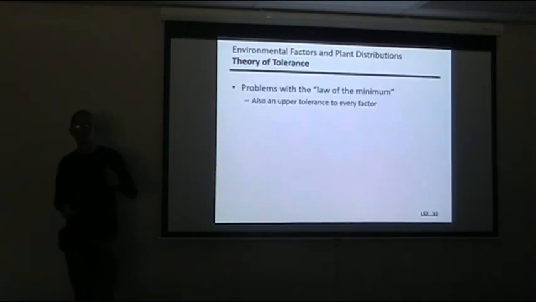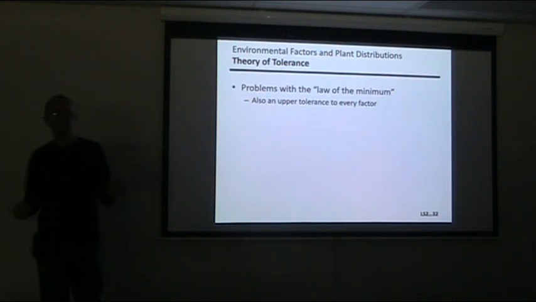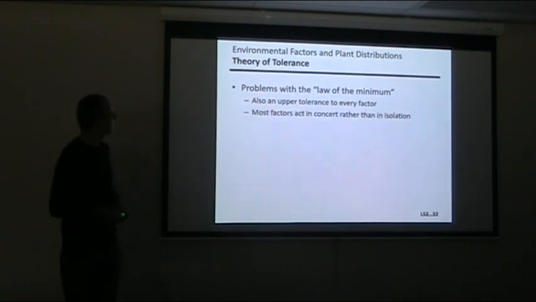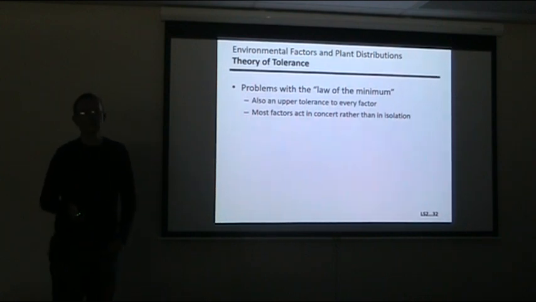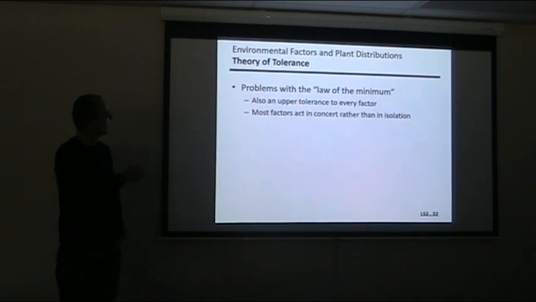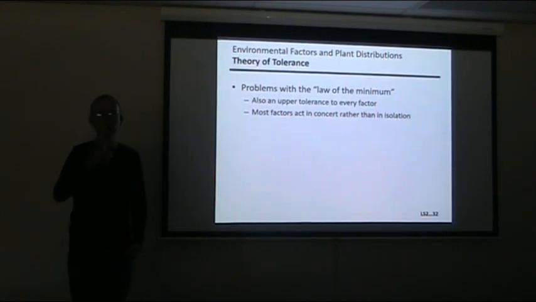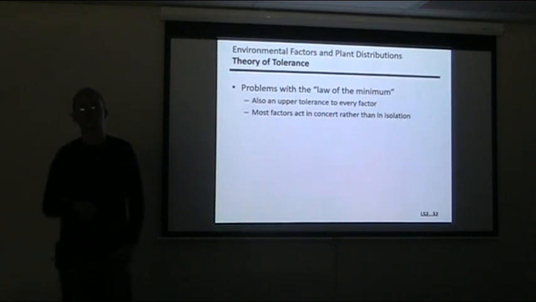So there's that upper factor that we need to take into account, and there's also another problem, which is that factors often work in concert rather than in isolation. And I think the point that you just raised talks about factors working in concert.